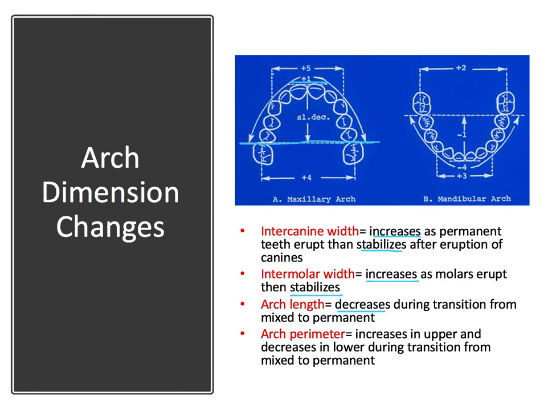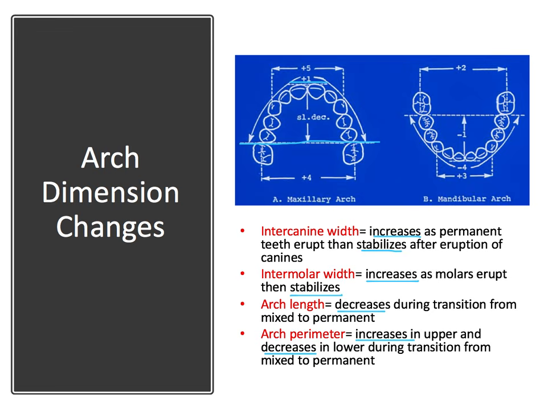The maxillary arch perimeter increases very, very slightly, and in the mandible, it decreases significantly from the mixed to the permanent dentition. And this one is a bit more complicated because this kind of arc measurement factors in both the anteroposterior dimension as well as the transverse dimension.